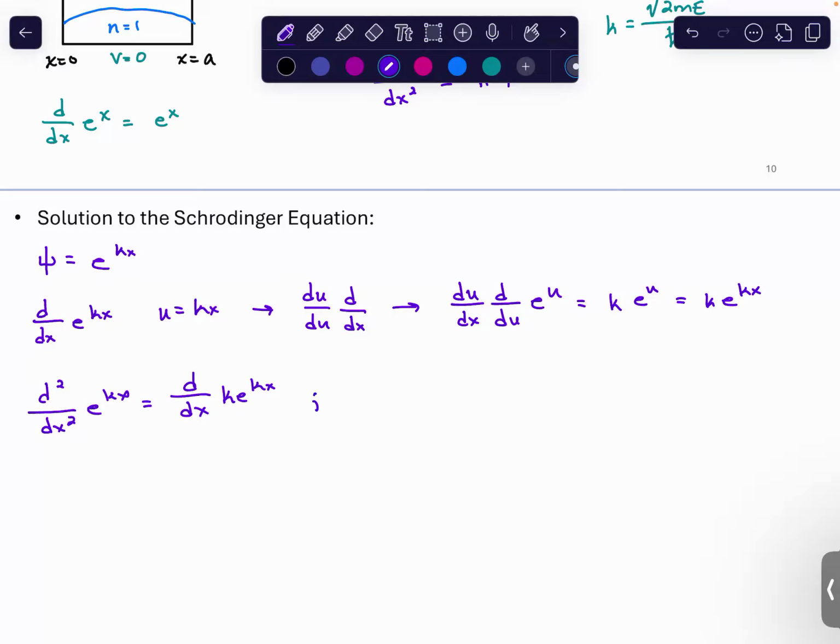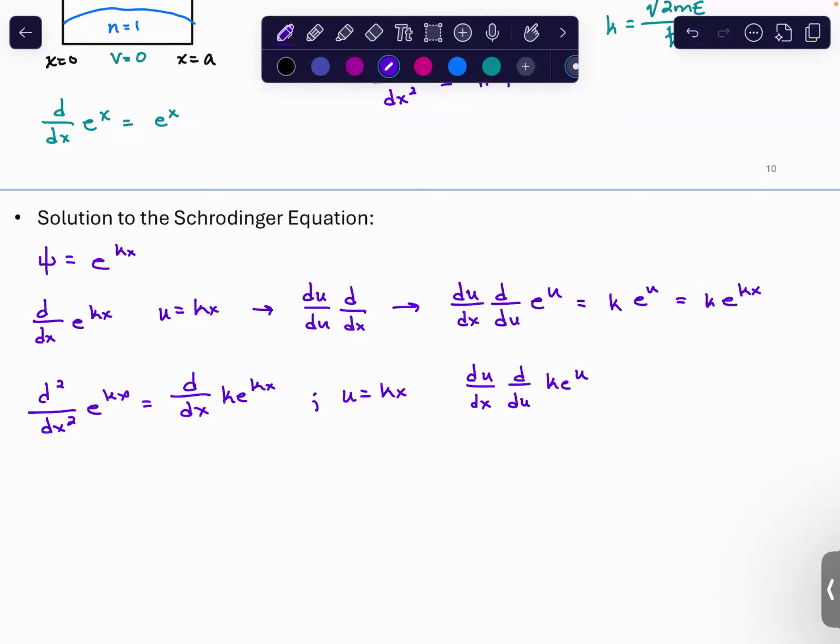Okay, well, once again, and then we're going to have our, let's see, du/dx, d/du of k e to the u. k is a constant. What do we do with constants and derivatives? Cancel them out. We pull them out front.